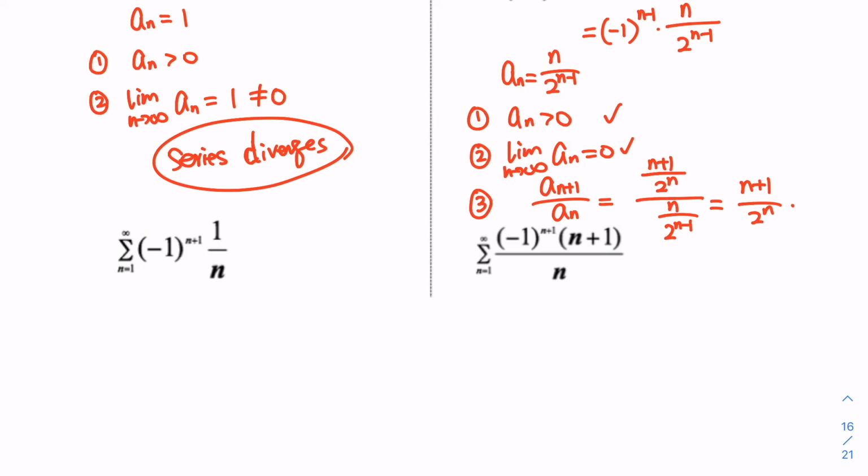Simplify a little bit: (n+1) divided by 2n, which is less than 1. So it decreases. The three conditions are satisfied, so the series converges.